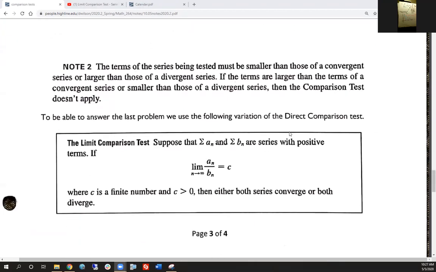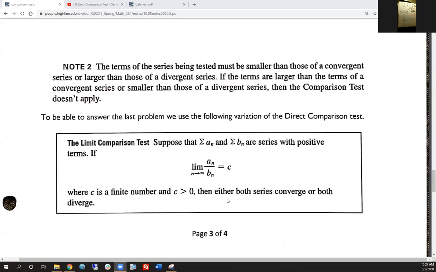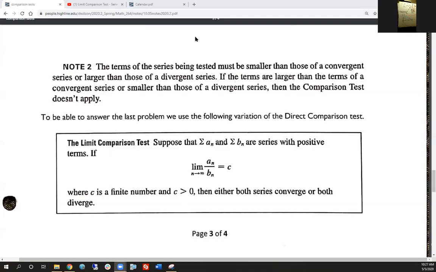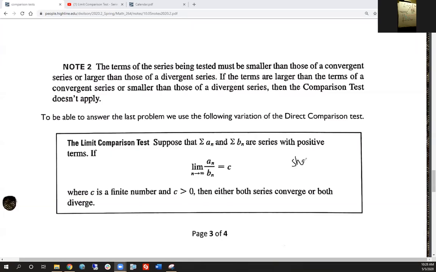Suppose that two series, A and B, are series with positive terms. If the limit of the ratios is equal to a constant, then either both series converge or both series diverge. That is, I always describe it as they share the same fate.